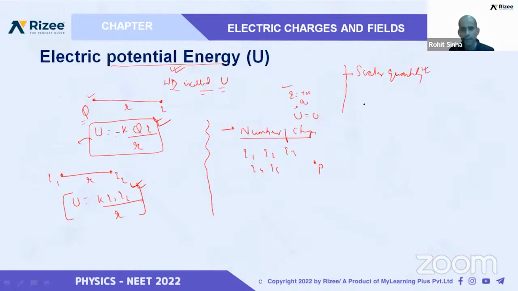It just adds up like a scalar. So the total electric potential energy of the system will be U1 plus U2 plus U3, just adding the electric potential energy of each charge, and so on. This is called the superposition rule or theorem. By using the superposition theorem, we will use it further, and we will solve some questions also.